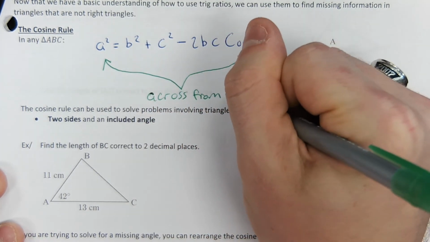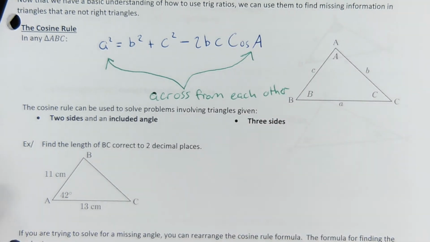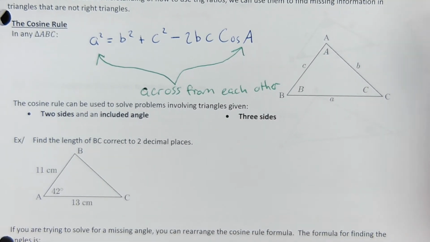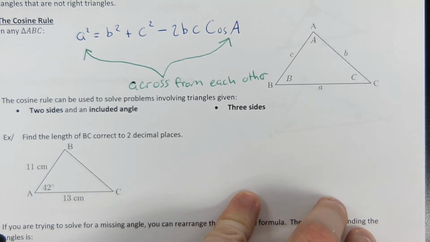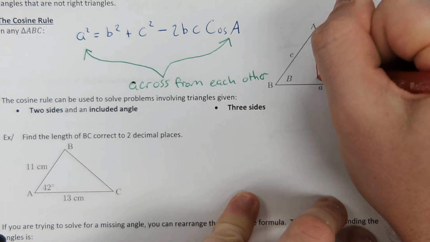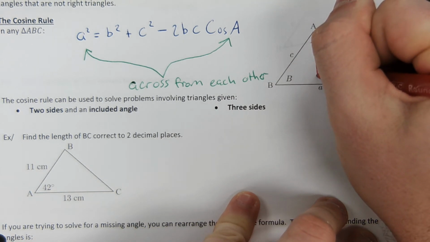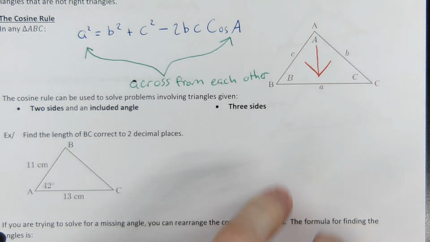Specifically, the angle A, in my mind, points at side a, and the arrow also points at side c and side b, like that.